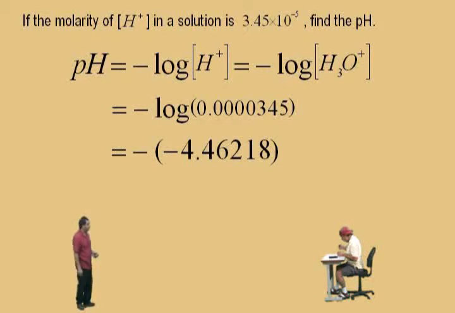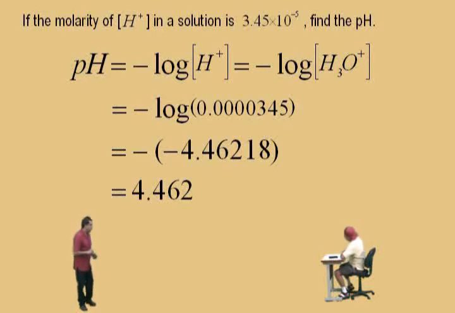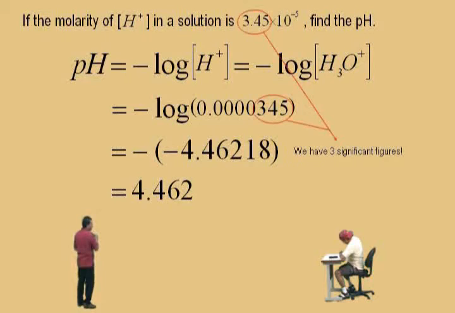Now, with that said, Charlie, remember, what's the opposite of negative 4.46218? Positive 4.462. Notice here we're rounding to the nearest thousandth. That's because generally in chemistry, you have to worry about significant figures. The way this works is you look at your given information. We were given that the hydrogen ion concentration was 3.45 times 10 to the negative fifth.